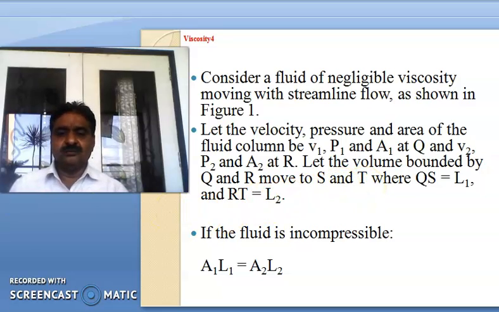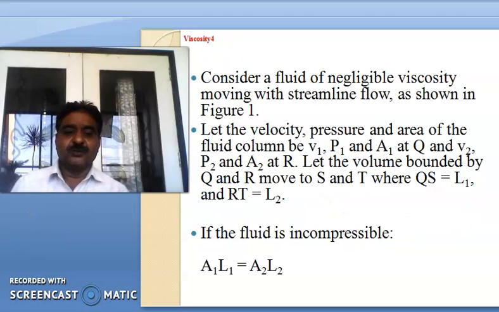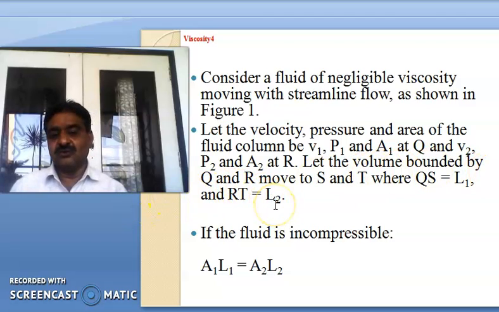Let the volume bounded by Q and R move to S and T. The S and T points are shown here. The volume moves from Q to S and R to T. Suppose QS is L1 and RT is L2.